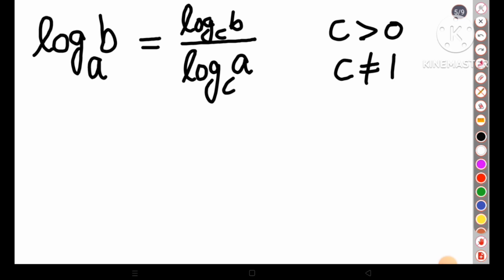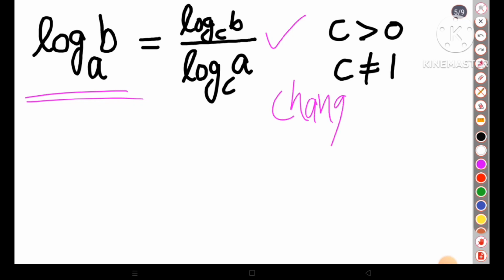The next property is log b with base a is equal to log b with base c upon log a with base c. This property is known as the change of base property.